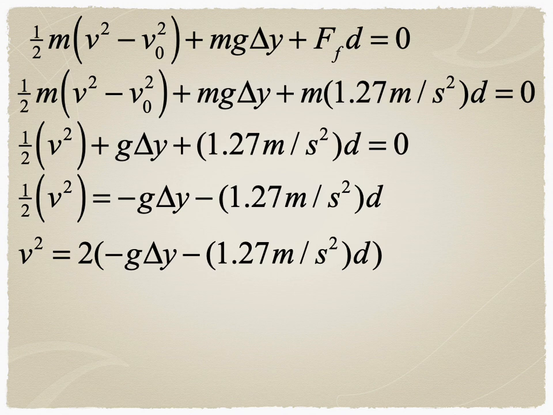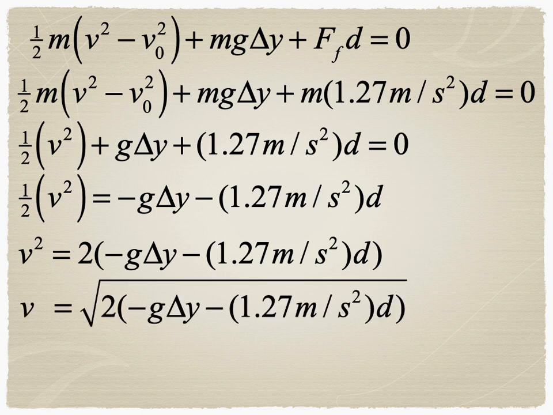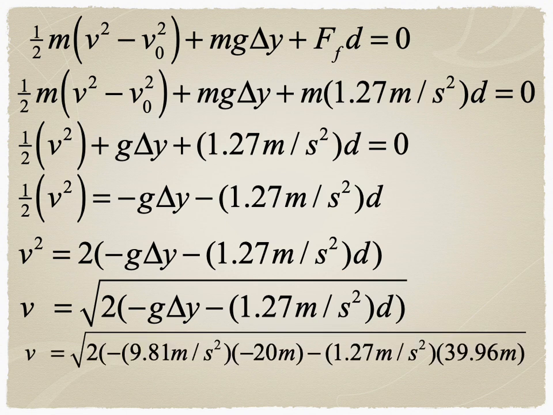And then take the square root of both sides. Substitute in our remaining values that we haven't put in yet. And we should get that we have a velocity of 17 meters per second.